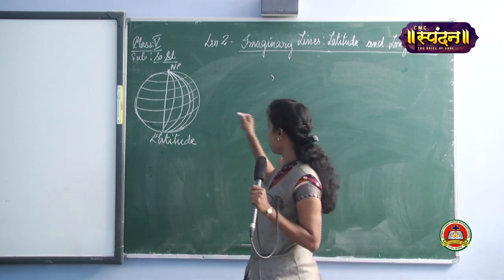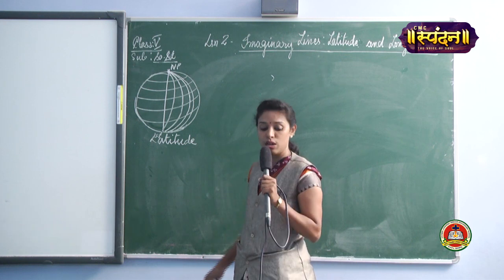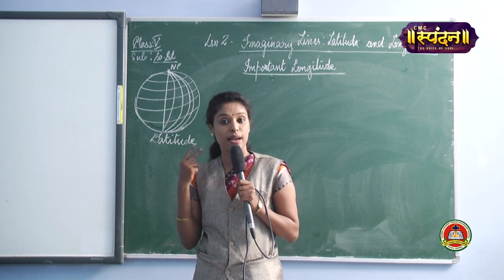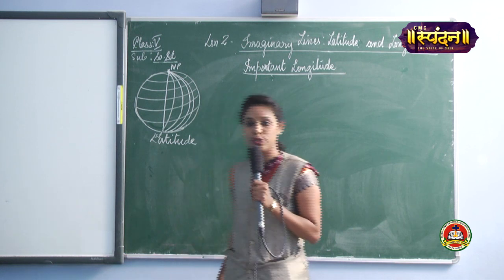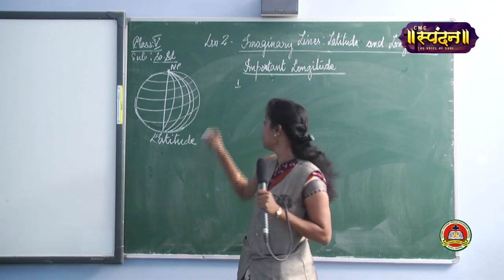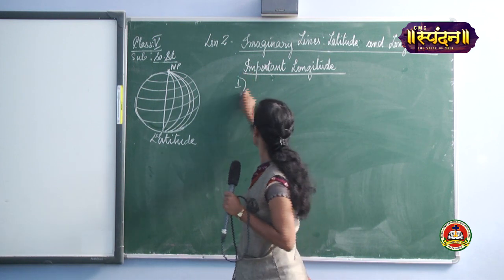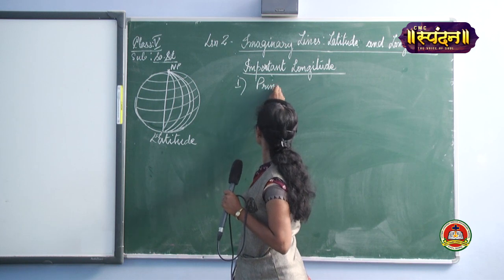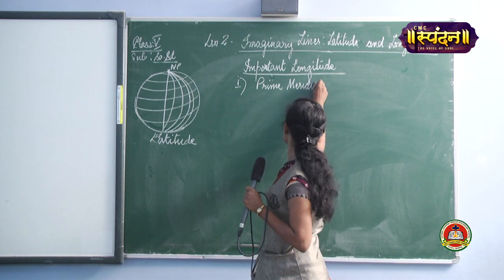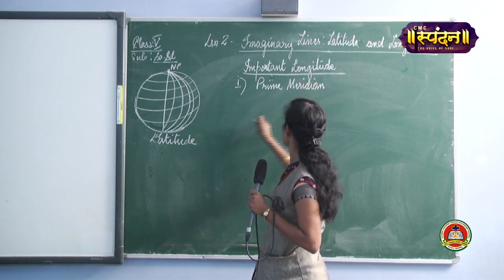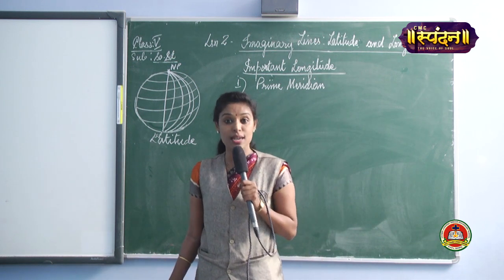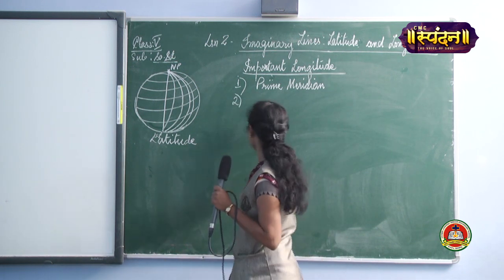Next, we are going to learn about the important longitudes. You know that there are two important longitudes. The first one is your prime meridian. And the second is your international dateline.